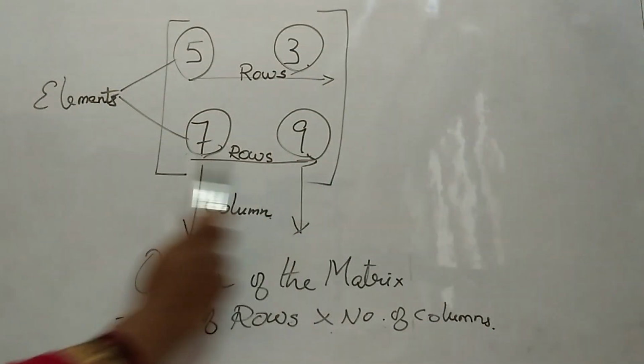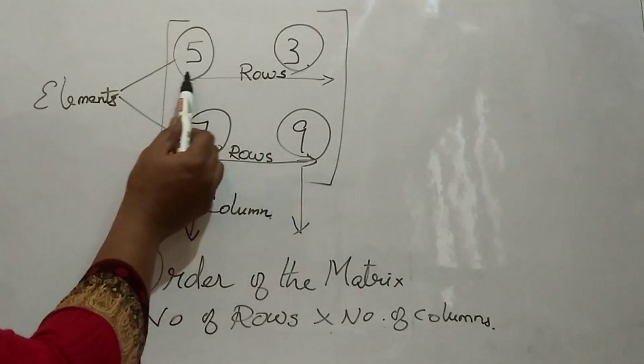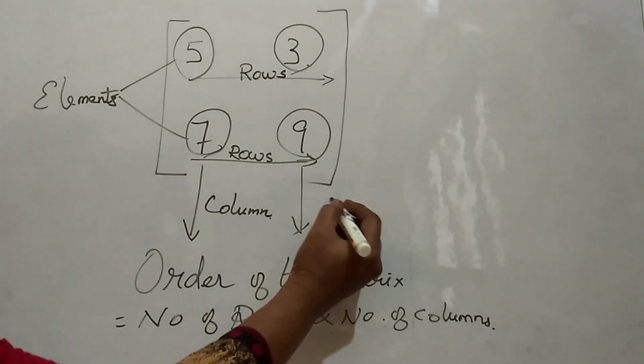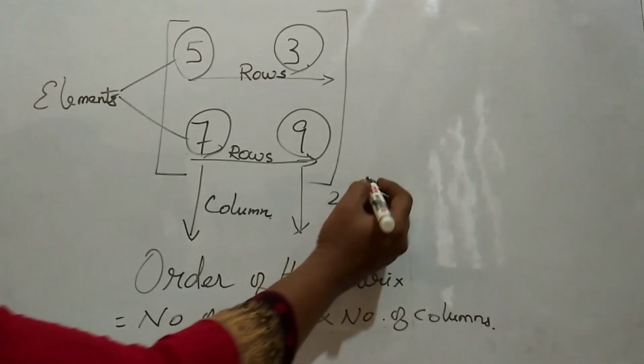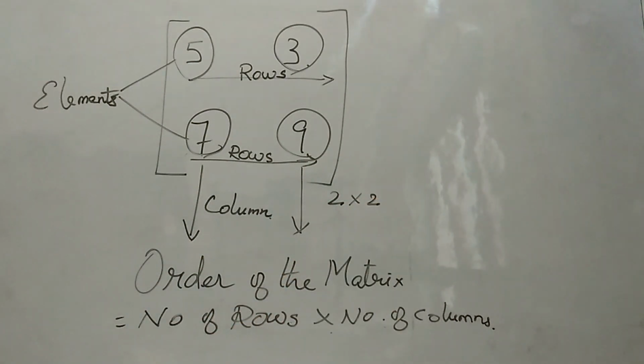So what is the order of this matrix? How many rows are there? 1, 2. So 2 rows. And how many columns? 1, 2. So 2 columns. What is the order of this matrix? 2 by 2.